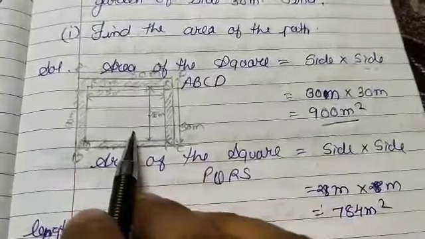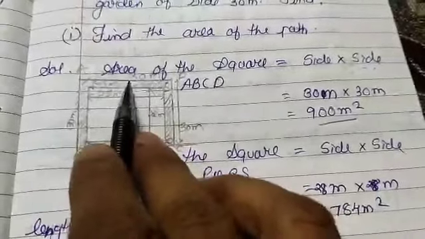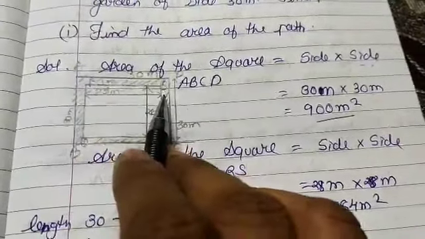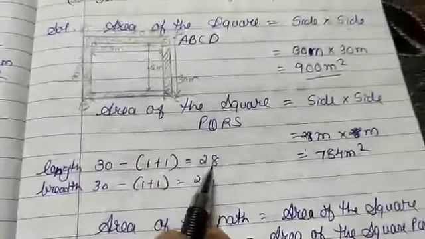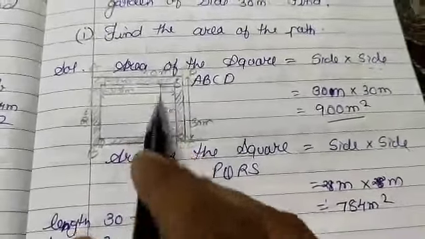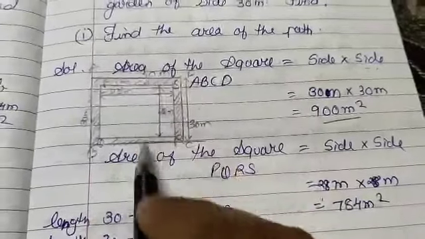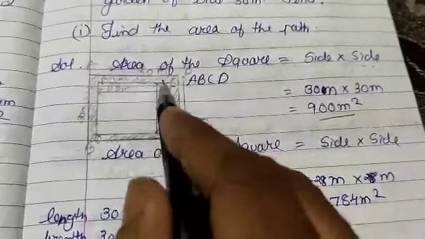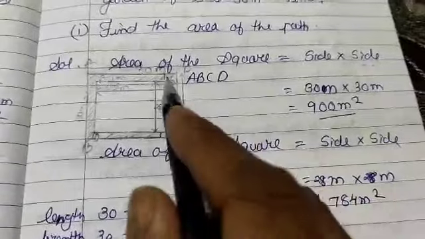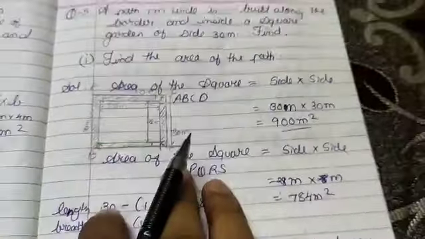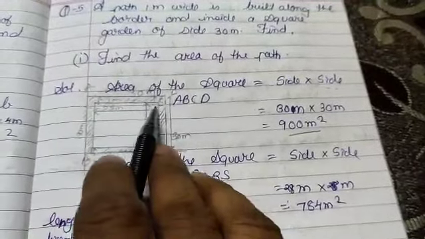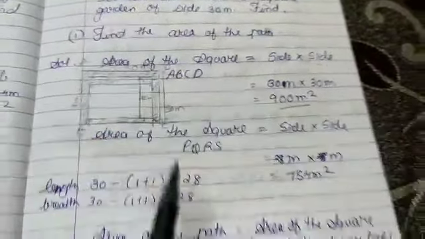If the total length is 30 meter, from that you subtract 1 meter from here and 1 meter from here. That is 30 minus 1 minus 1 gives 28. And if the total breadth is 30 meter, subtract 1 meter from here and 1 meter from here. That is 30 minus 1 minus 1 gives 28. As it is a square garden, obviously the inner figure will also be a square.